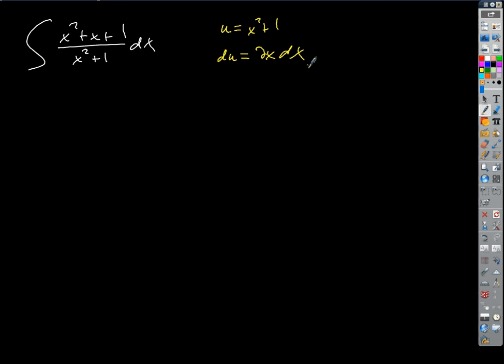We've got all kinds of problems here because when we try to make our substitution, we get the integral of 1 over u, but then our dx, look at our dx. Our dx ends up being a 1/2, 1 over 2x, right? So I'm going to end up with an x on the bottom, which I can't pull out front because it's not a constant, and then I'm stuck with an x squared plus x plus 1.